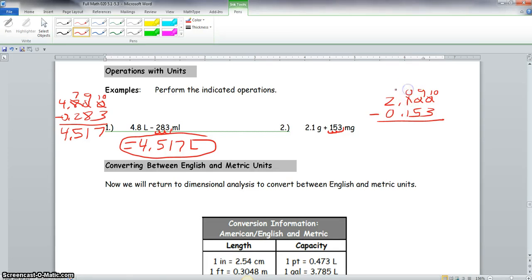This would be 0. And then we'll still have to borrow 1 from this 2. So then this would be 10 as well. So 10 minus 3 is 7. 9 minus 5 is 4. 10 minus 1 is 9. Bring down your decimal. And we have 1.947 grams. So we changed everything to grams. And that is your final answer.